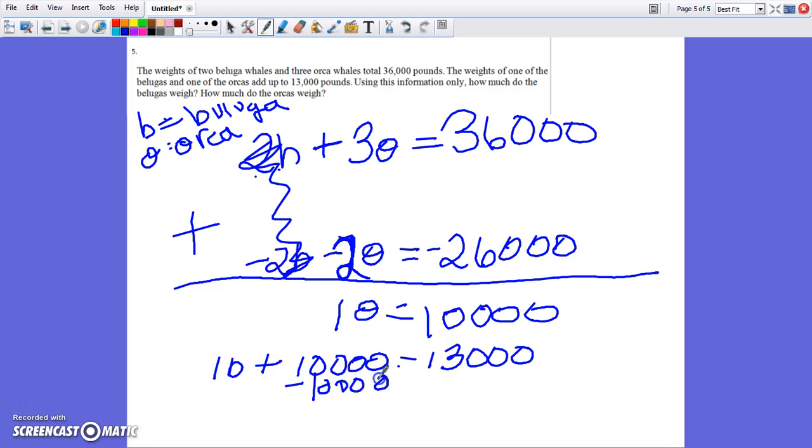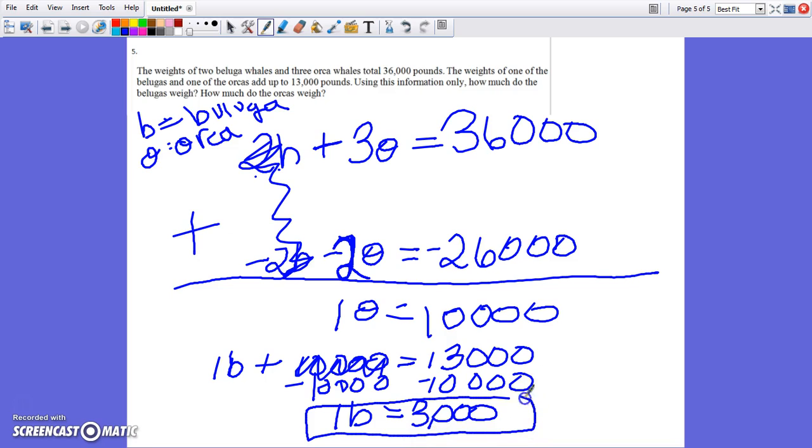I did jinx myself. And that's an equal sign there. Minus 10,000 here. One beluga is 3,000 pounds. So a lot smaller in weight, at least, than the orca, which is 10,000 pounds.